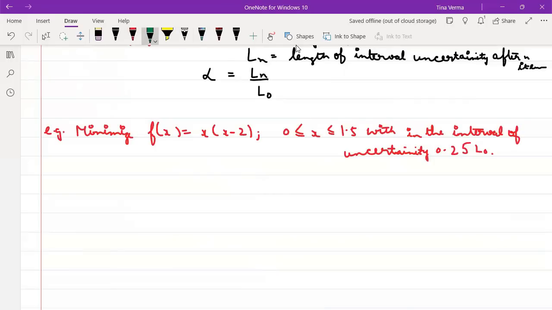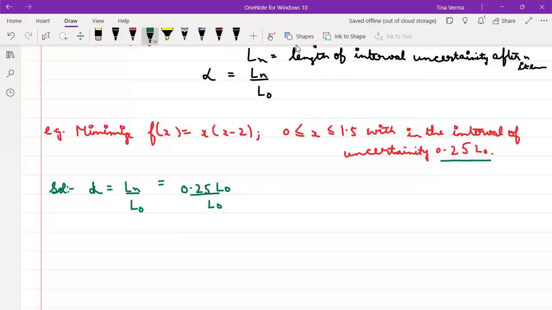So from here you will first find the measure of effectiveness, that is your alpha. What was alpha? Ln divided by your L naught. Now the uncertainty interval given is 0.25 into L naught. You can calculate L naught first, or here you don't even need it, you can just write L naught divided by L naught.